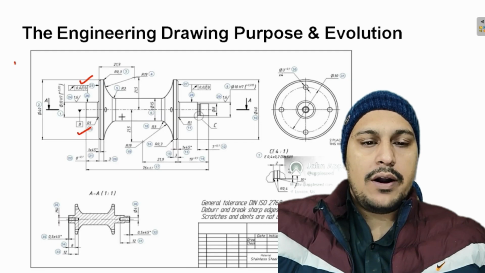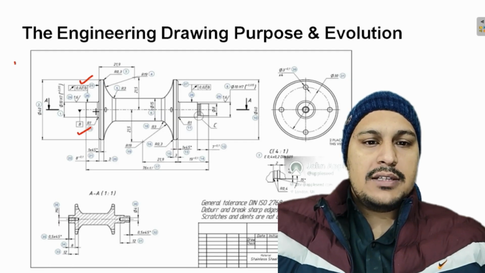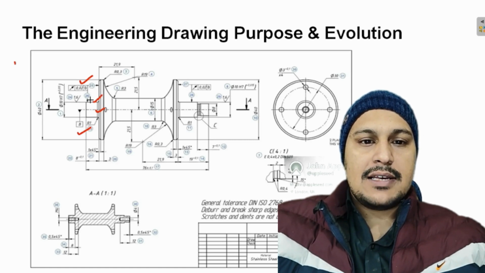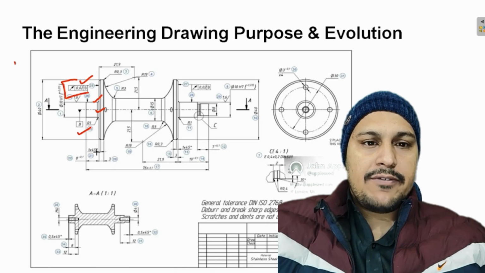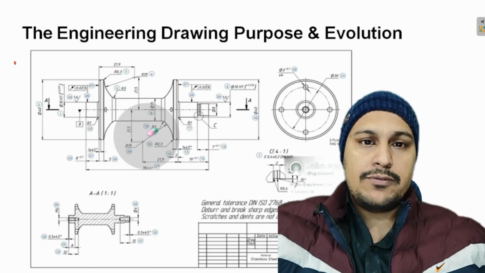Datum B is the axis of this part. So there is a functional relationship between this axis and this outer surface on which the runout has been specified. Basically, the drawing also gives the functional relationship between features in the form of GD&T.